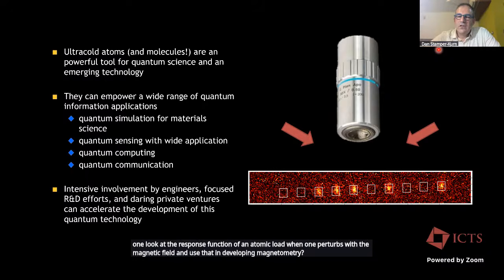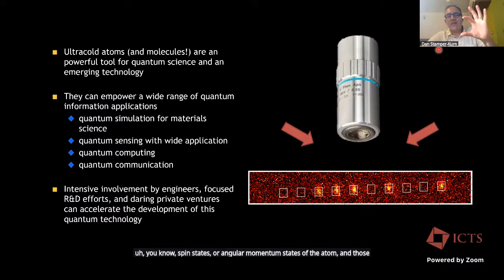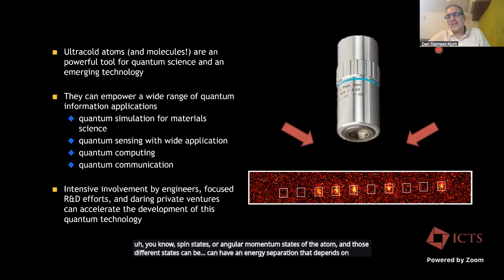Yes. Look at the response function of an atom in a magnetic field. So I'm not really quite sure what is implied there. I will tell you that the most sensitive magnetic field sensors make use of the fact that in the ground state of an atom, you have spin states or angular momentum states of the atom, and those different states can have an energy separation that depends on the magnetic field.